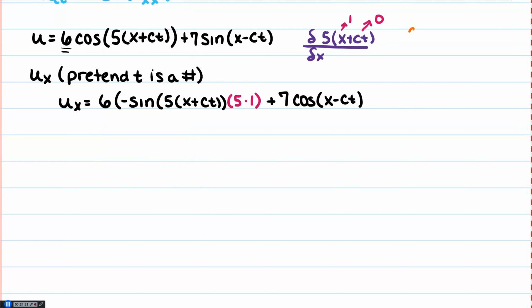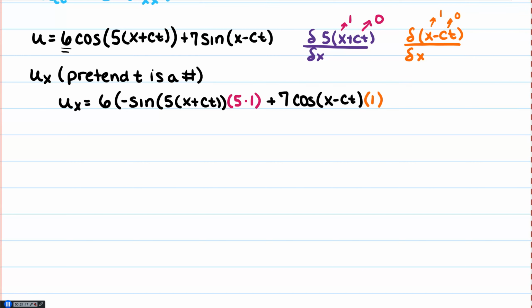So what is the derivative of x minus ct with respect to x? We let c be a constant, which it always is, and t also be fixed. So the derivative of this is just 1, because ct goes to 0. So I'm multiplying this by 1.